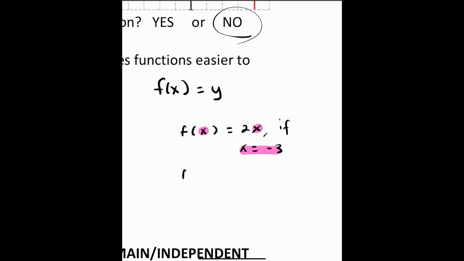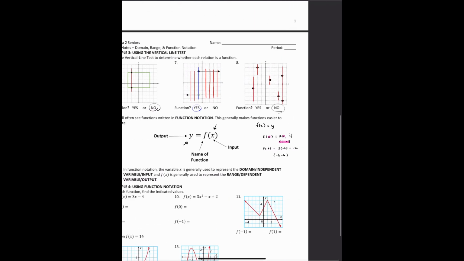So I have f of -3 equals 2 times -3, and that's going to give me -6. So f of -3 is -6. As an ordered pair, your answer is -3, -6. Again, just like what we did when we had y equals 2x.